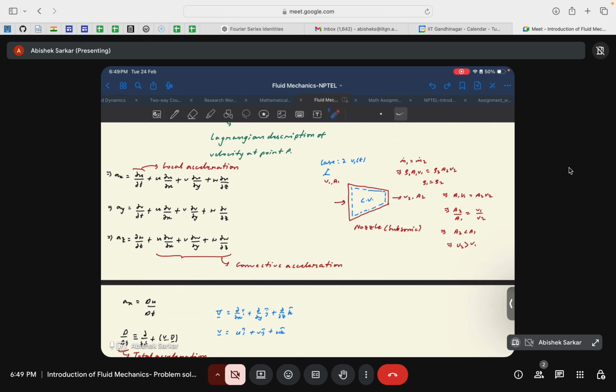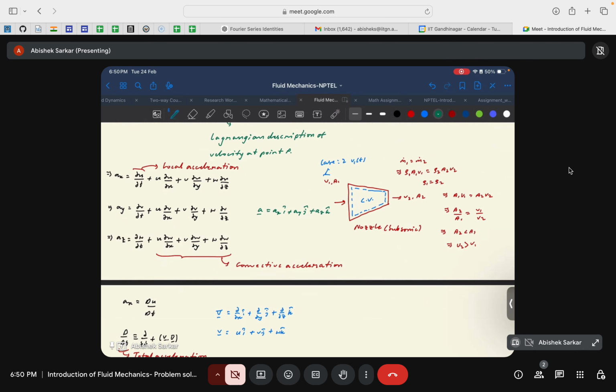So the acceleration field will be a vector, ax i cap plus ay j cap plus az k cap. This gives you the total acceleration field, the Eulerian acceleration field.